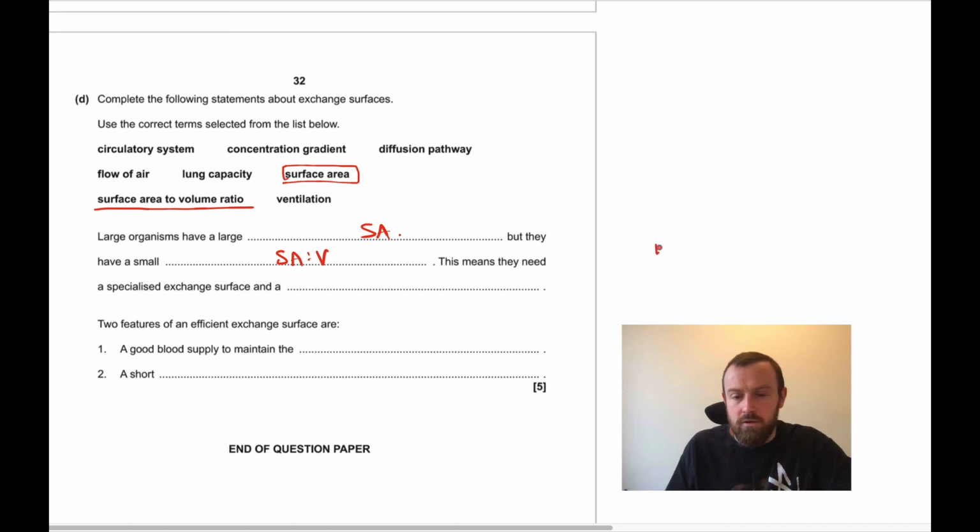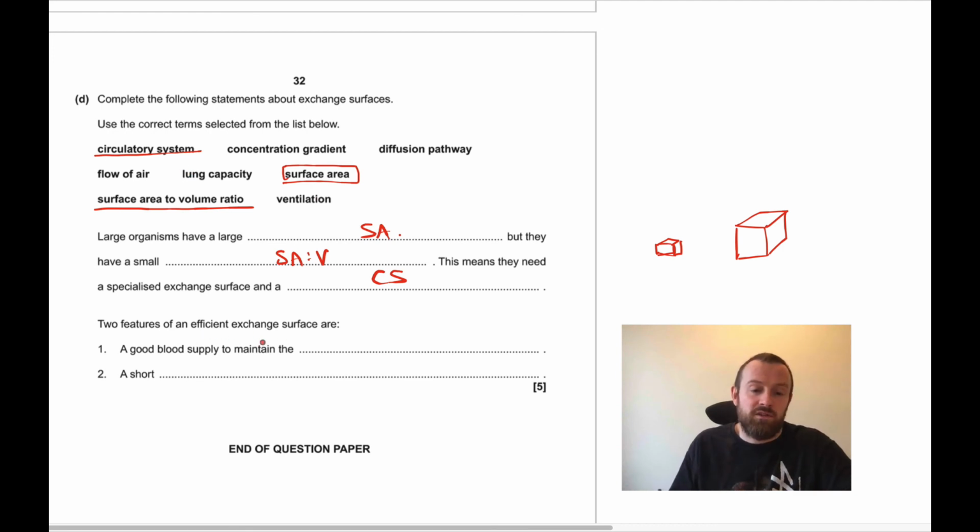You may remember that you've done calculations involving cubes of different sizes. That's supposed to be a cube, small cube, big SA to V ratio. If you then increase the size of the cube and do the same calculation, it has a much lower ratio, even though it's exactly the same shape and relative dimensions. A specialized exchange surface and a circulatory system, so CS, circulatory system, to move materials from the exchange surface around the body.